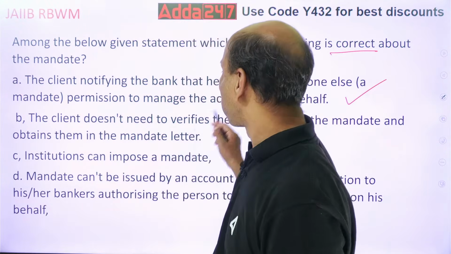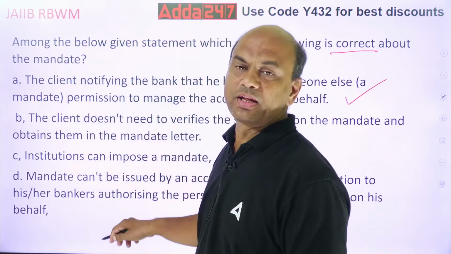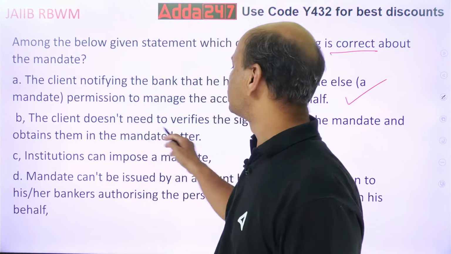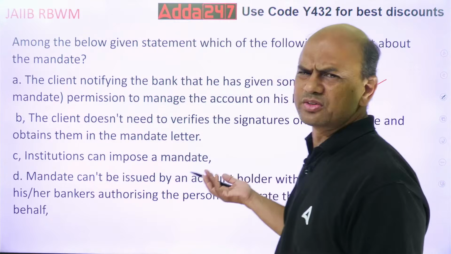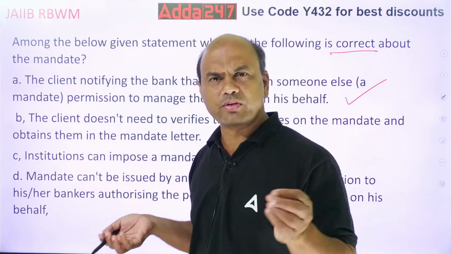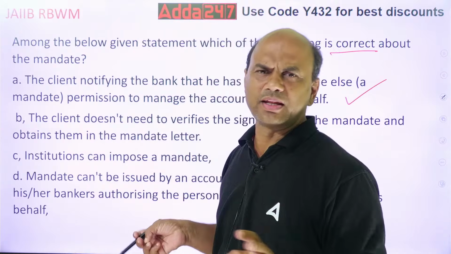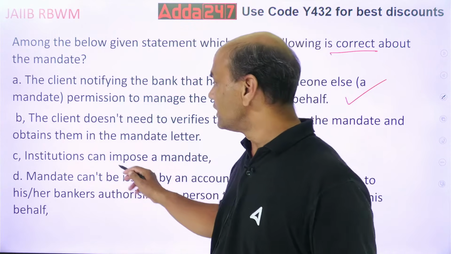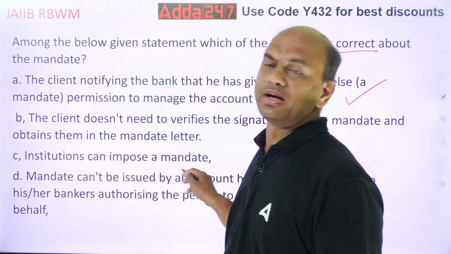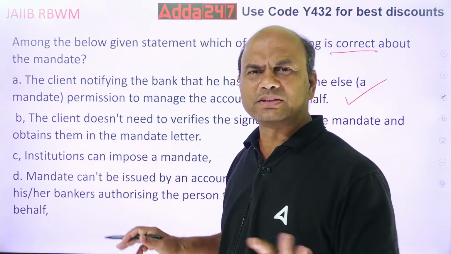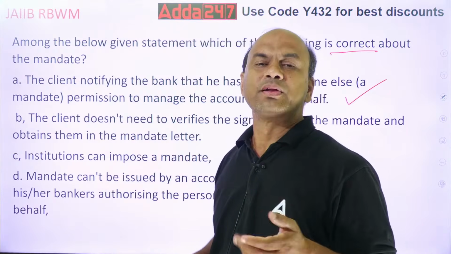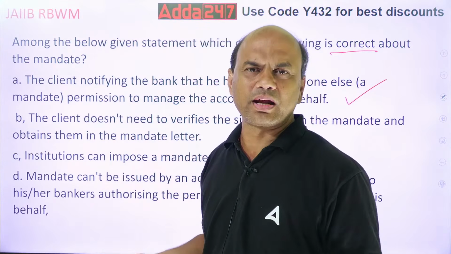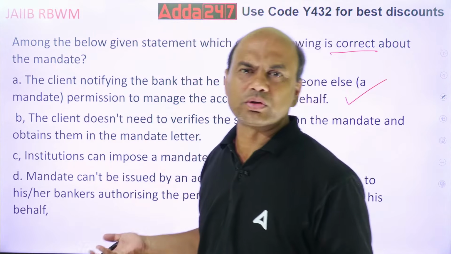What about the remaining ones? A client doesn't need to verify the signature. That's not right. You have to verify the signatures. In any banking transaction, you have to verify. Simple. Institutions can impose a mandate. No. Companies can't give a mandate. How can a company? Companies have a board of directors and their own authorized signatories.